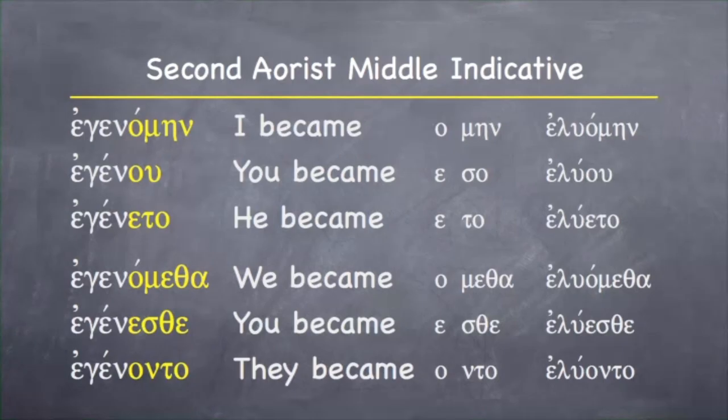The same old connecting vowels and personal endings, secondary middle passive, that you're used to. And then again, I listed the imperfect middle passive so you can see the comparison. And you can see why it's so important to know that gen is not the same as the present tense stem gin. That's how you know that egenomēn is not an imperfect.